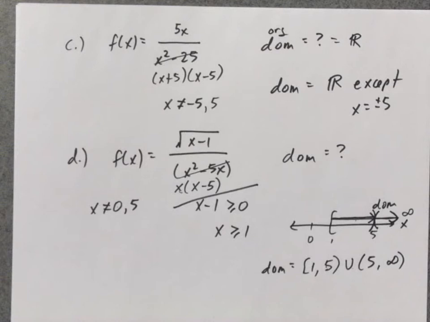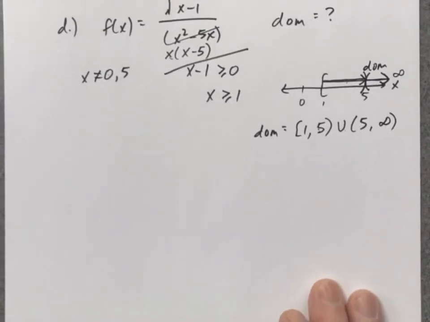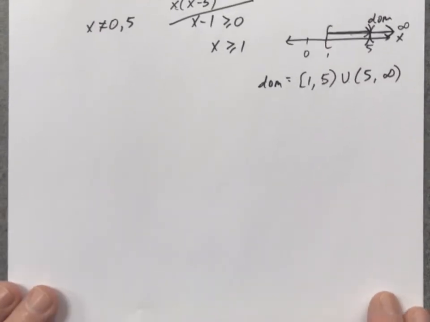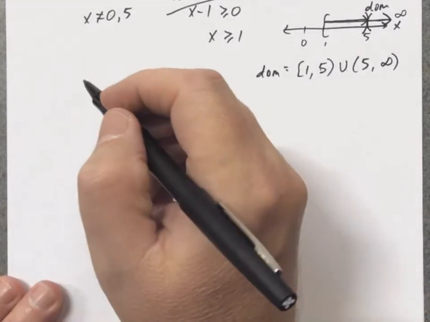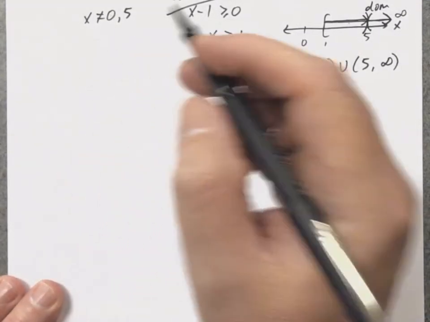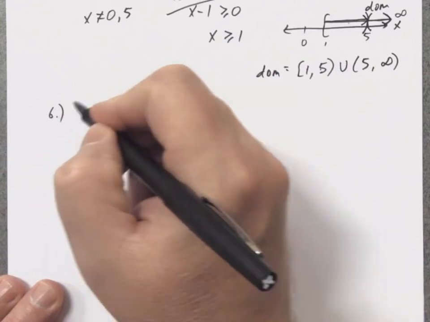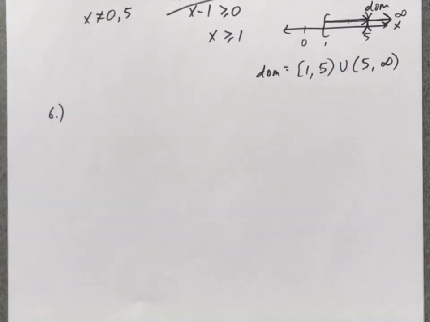All right, now 6, 7, and 8 all have to do with reviewing, remembering about calculating slopes of straight lines. So let's go ahead and see if we can get these done on this video, then we'll start a new video. So 6 says to determine the slope of the line that goes through the following 2 points.